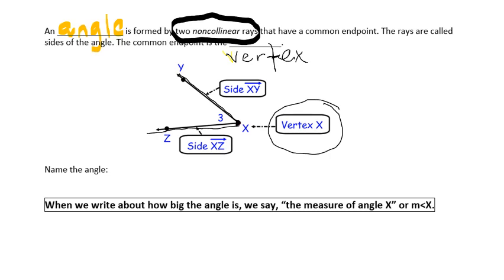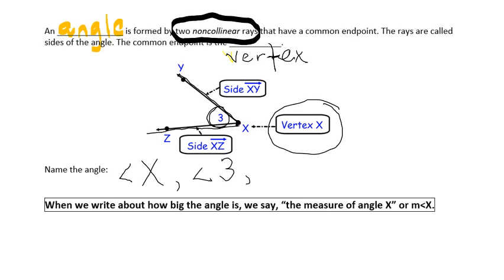That is our vertex. Now when we name the angle, we have some choices. We can name it with a nickname. So we can use the nickname X. We can use the vertex. We also see that there's a 3 sitting here in the vertex. That's a nickname, angle 3.